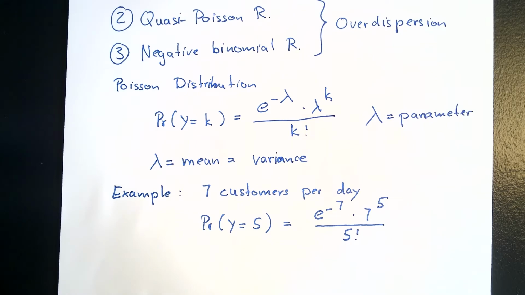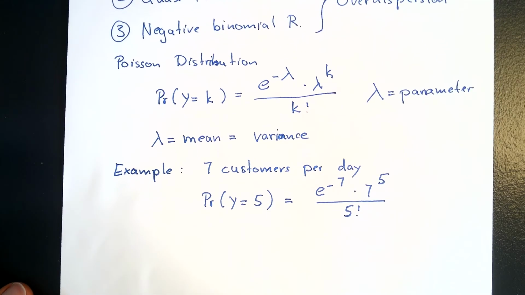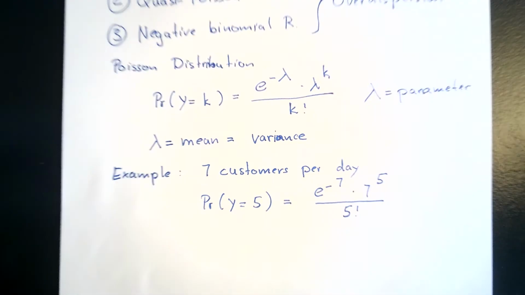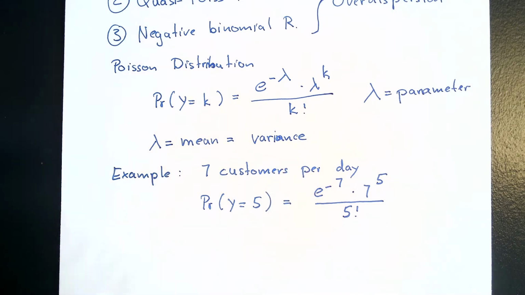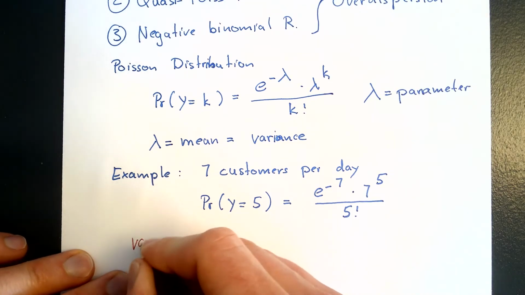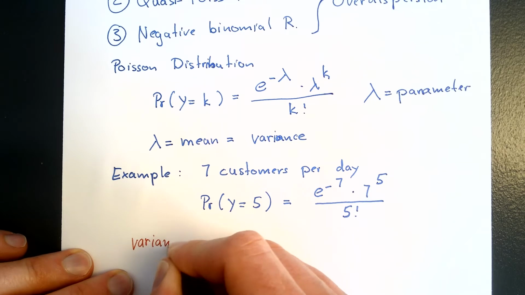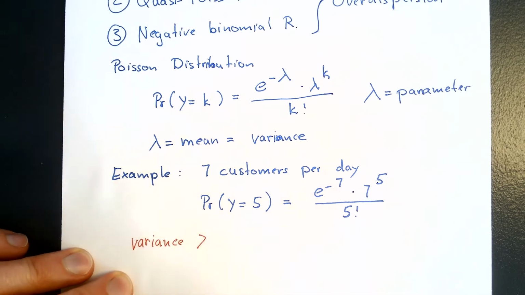Now note that you can use the Poisson distribution if the mean is equal to the variance. Okay? Now, very often you have the case where the variance is actually larger than the mean.